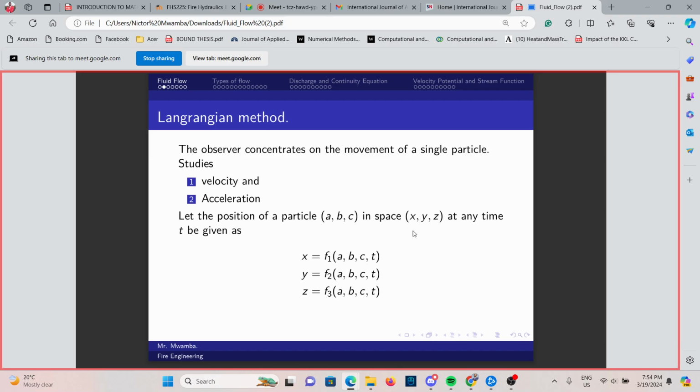In a 3D space, we have a particle with coordinates a, b, c, which are functions of the coordinate along the x, the coordinate along the y, and the coordinate along the z, plus the time. Because for a particle to exist, it has to exist in space, and there has to be time. Space and time.